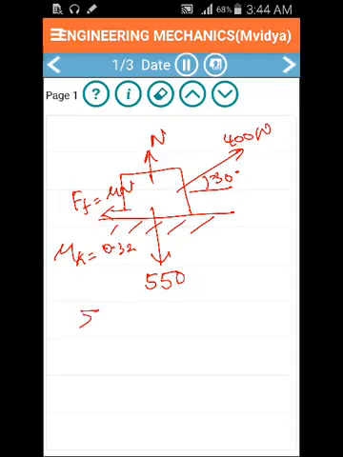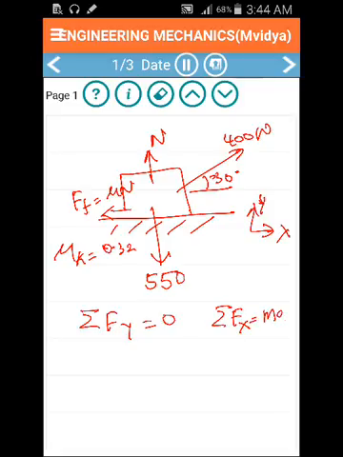So the vertical force is 0, and the body may be accelerated to the right. So summation of the forces in the x direction is equal to mass into its acceleration in the x direction.